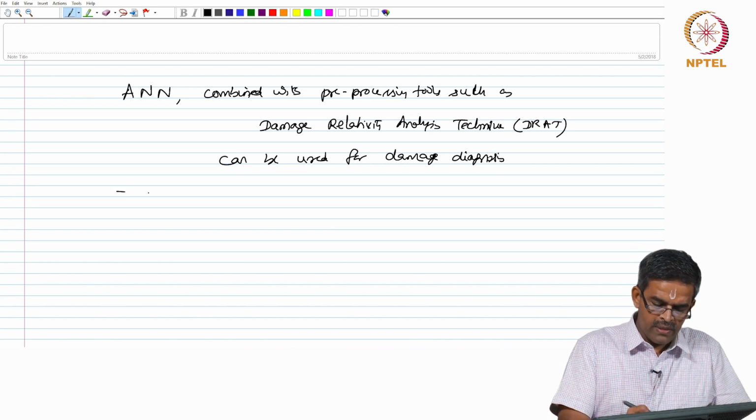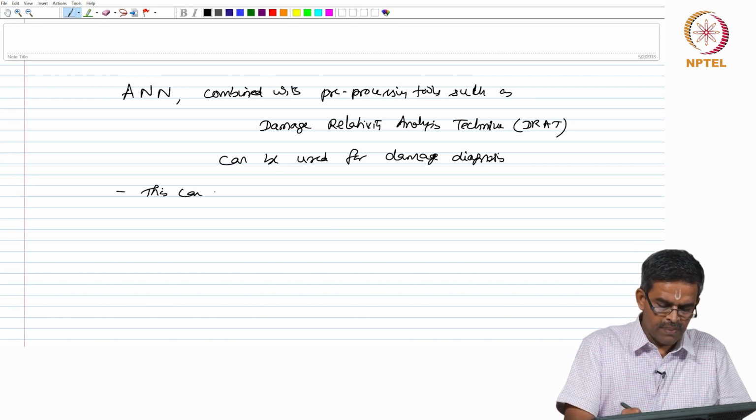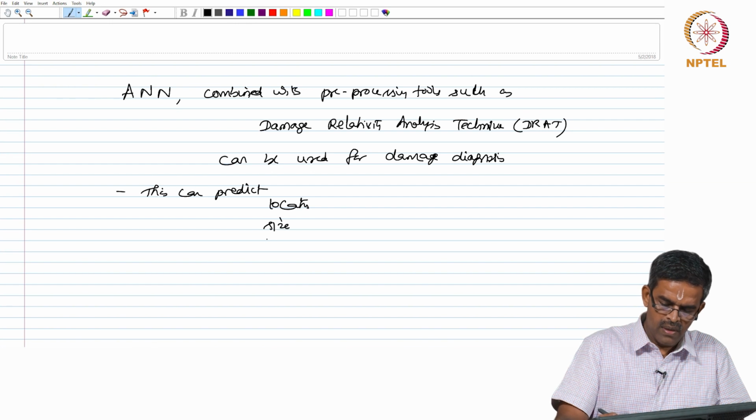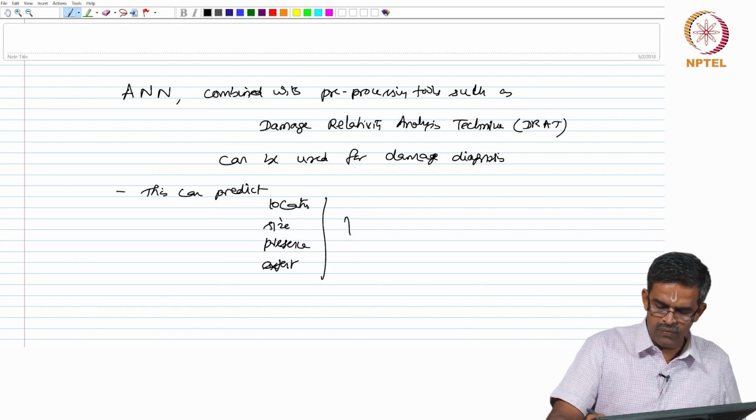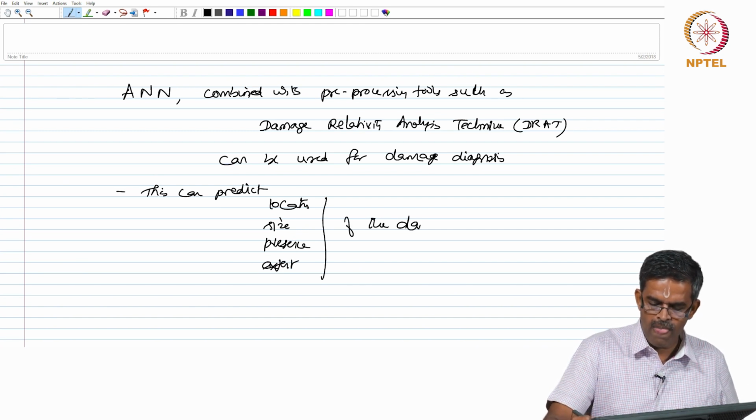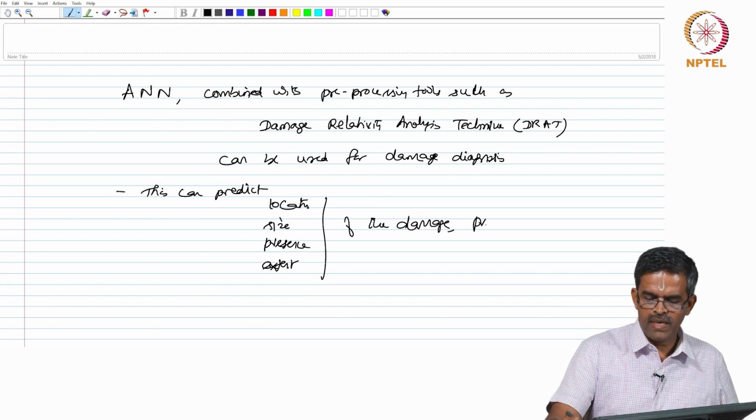Now, the advantage is this can predict the location, size, presence and extent of the damage precisely.